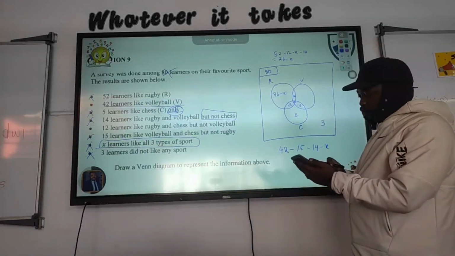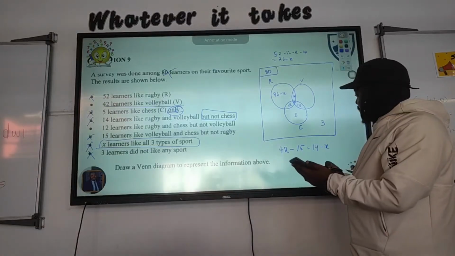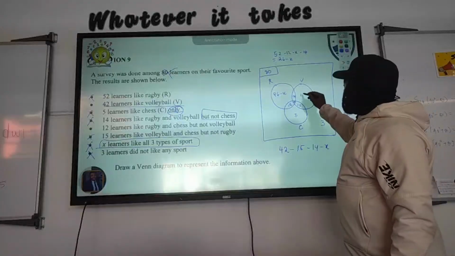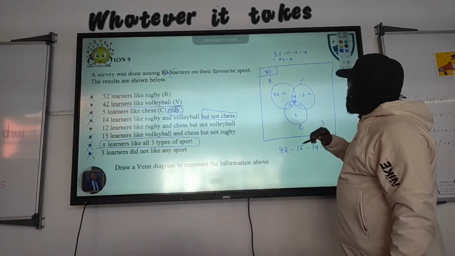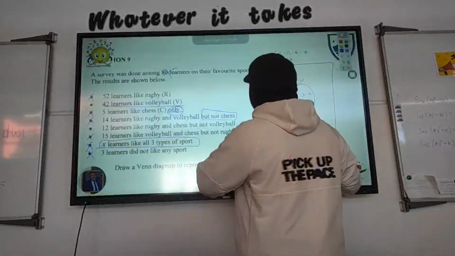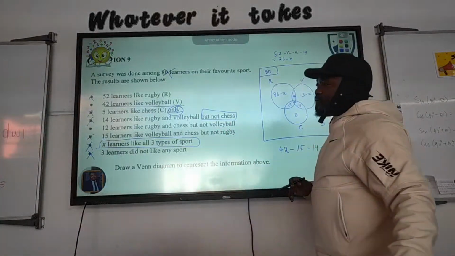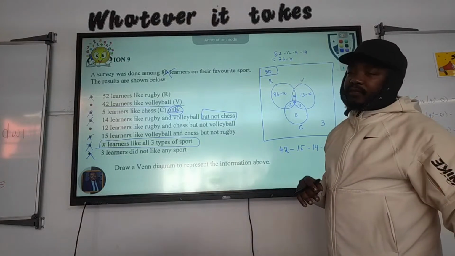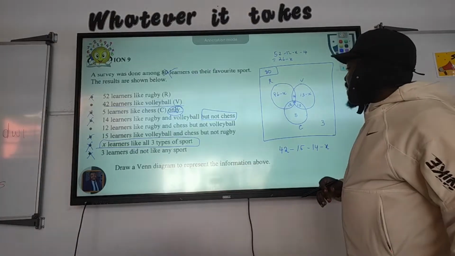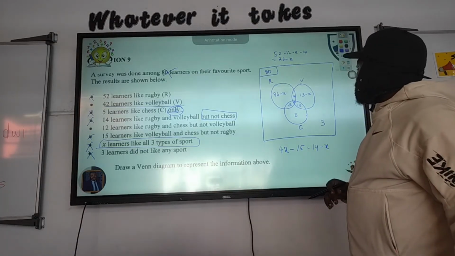So this will be 42 minus 15 minus 14, and it will give us 13 minus x. So our Venn diagram has been completed, and is placed in terms of x. So what is the next step? We need to go and find the value of x.